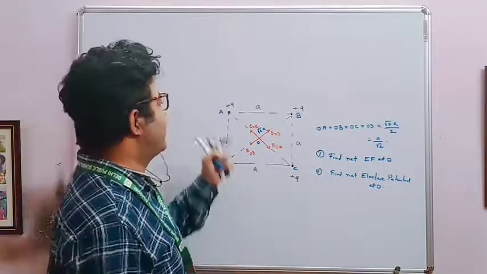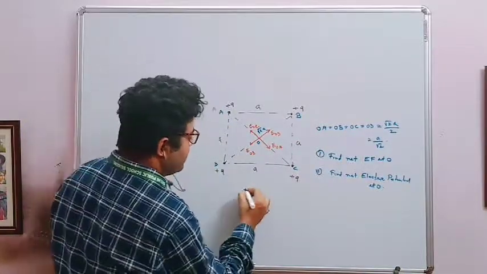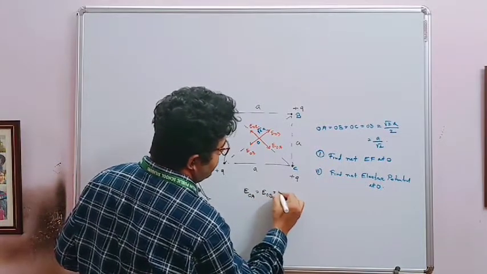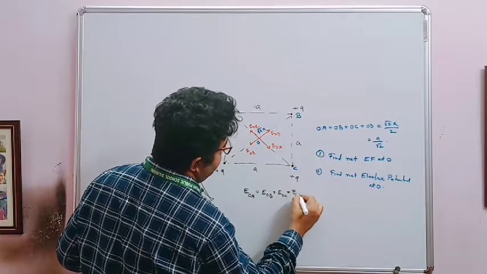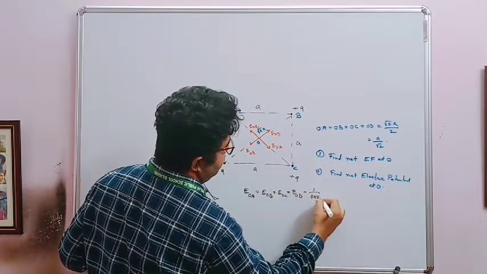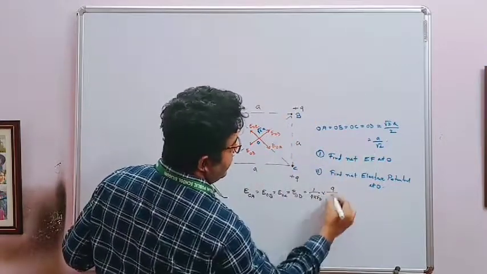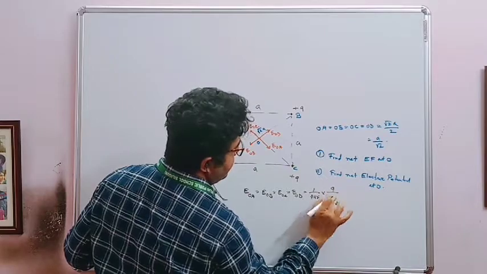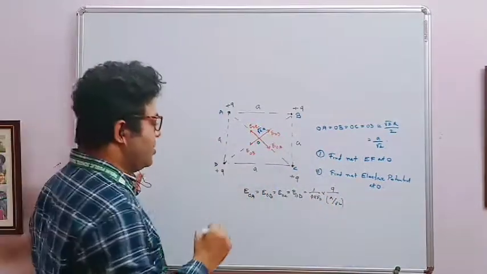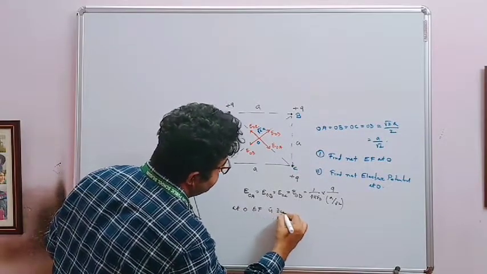How do we know they are equal in magnitude? Their strengths are the same. So in terms of magnitude, the electric field at O due to A, B, C, D equals 1 by 4 pi epsilon naught Q by the distance squared, where the distance is A by root 2. So at O, they are opposite and cancel each other. So at O, the electric field is 0.